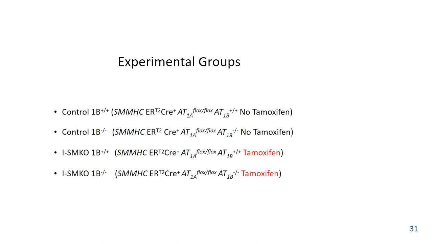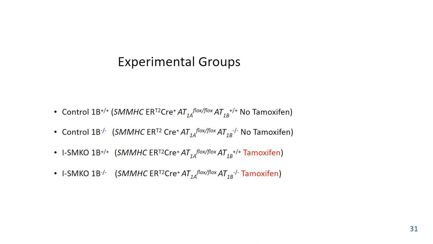The top one, we don't give tamoxifen to, and we have the AT1B receptor that's just wild type. So it's not a knockout, it's just a control. The second one is a control in regards to the AT1A receptor, but a knockout in regards to the AT1B receptor. So I would say this is control 1B. You see what kind of blood pressure response that mouse has to acute angiotensin II.